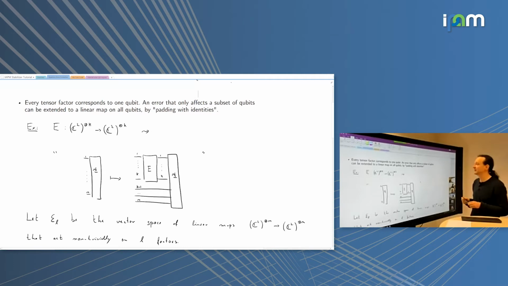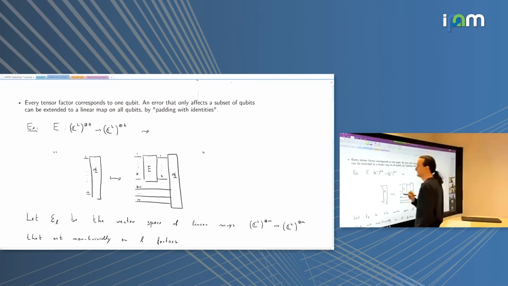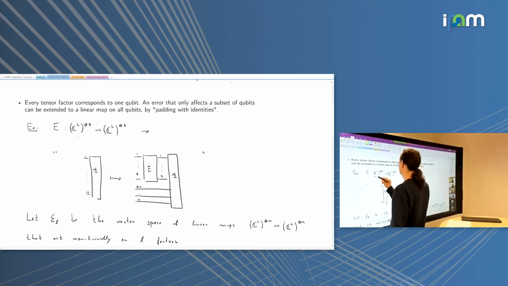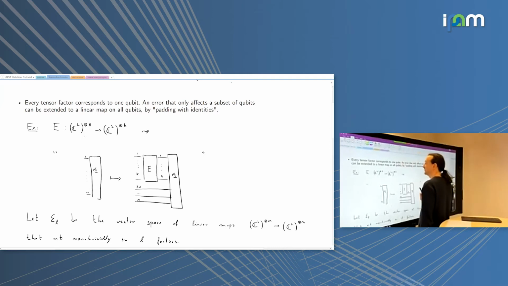If you have something that only acts on a small number of factors, you can extend it. So let's say you have an error that only acts on C2 to the tensor k and maps that to itself. Then you can extend it by padding with identities. So you can look at this linear map tensor identity to the n minus k. And now you have obtained a map from the big n qubit space to itself.